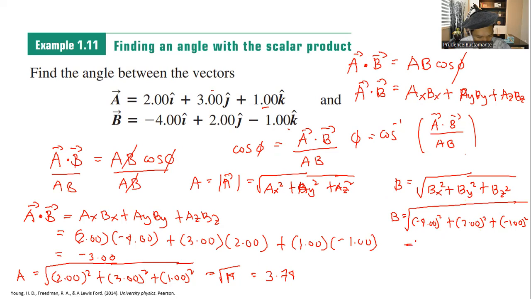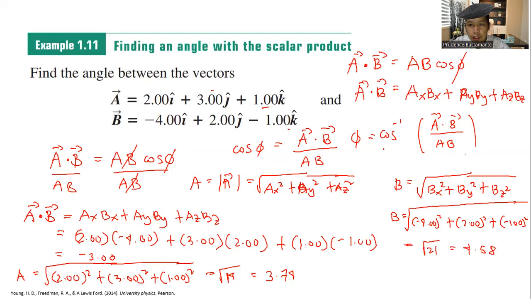So our B is equal to the square root of 16 plus 4 plus 1, or the square root of 21, or this is 4.58.